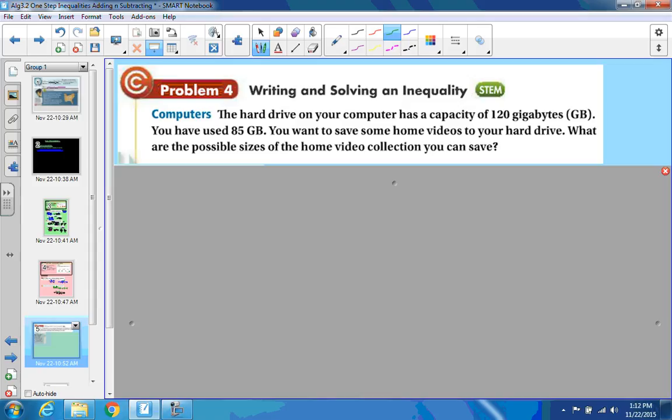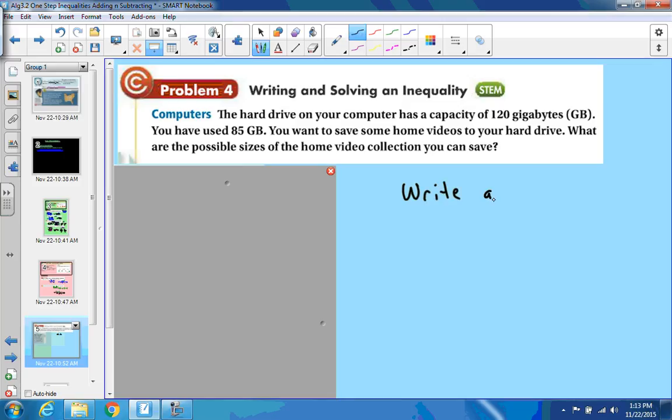You want to save some home videos onto your hard drive. What are the possible sizes of the home video collection you can save? So, I want you to, by class time next time, come up with an inequality for this situation.